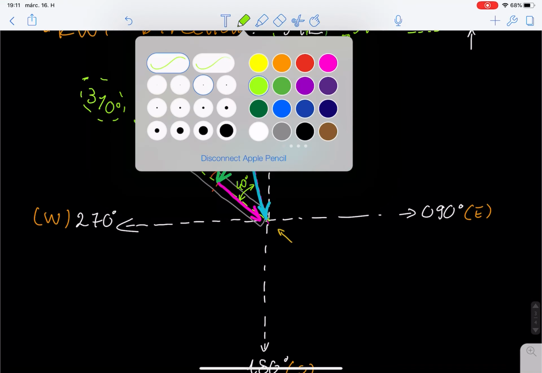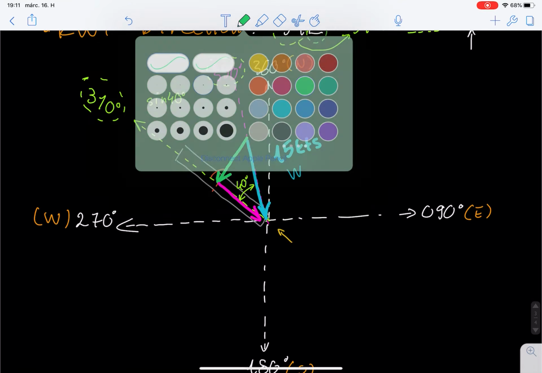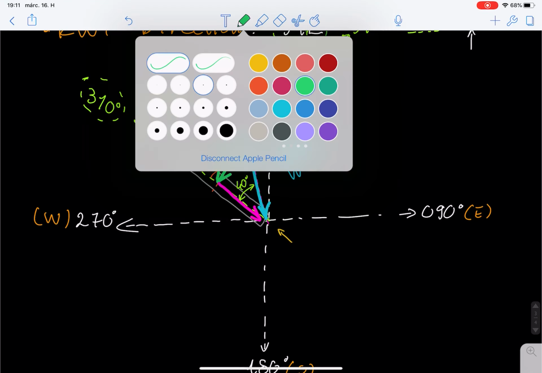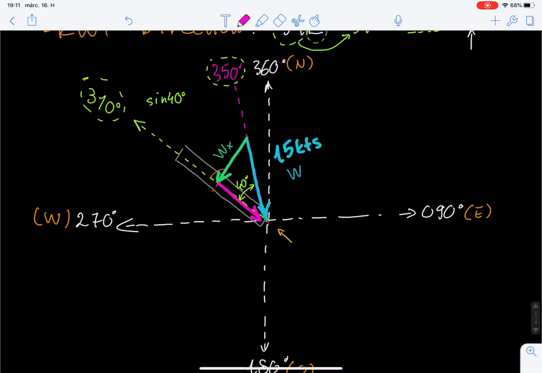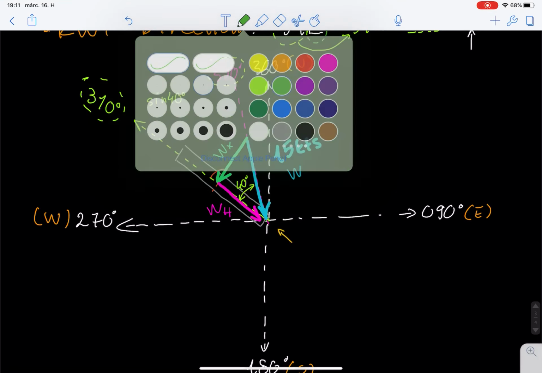The wind would be the W vector. This would be the crosswind, WX, and this would be WH for the headwind component. Okay, so let's get back to this one.